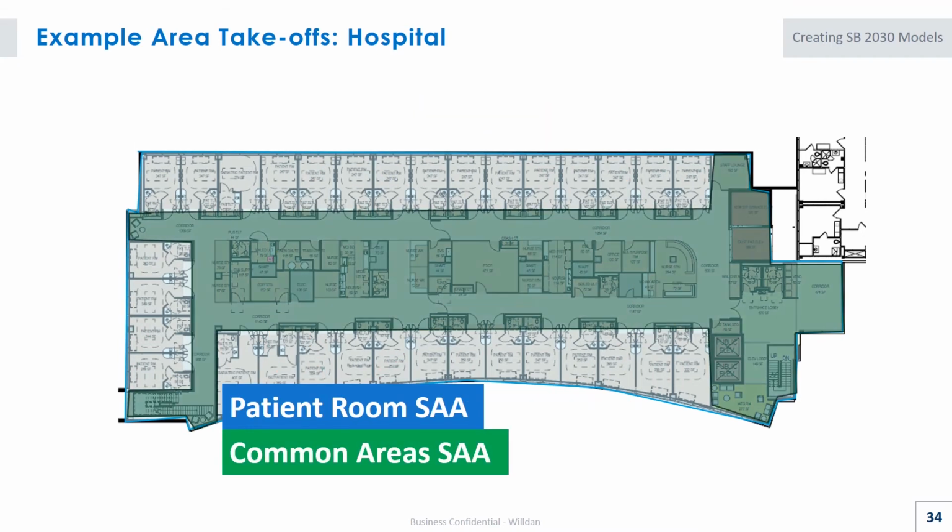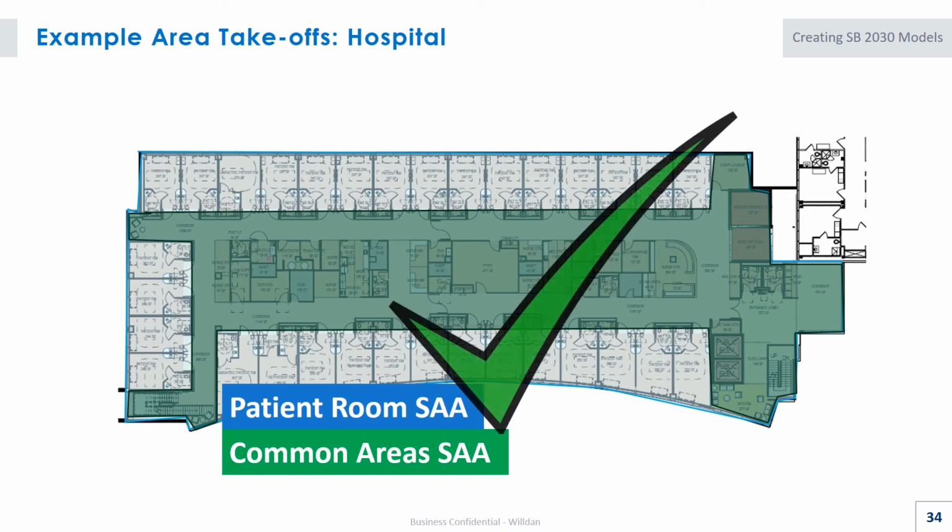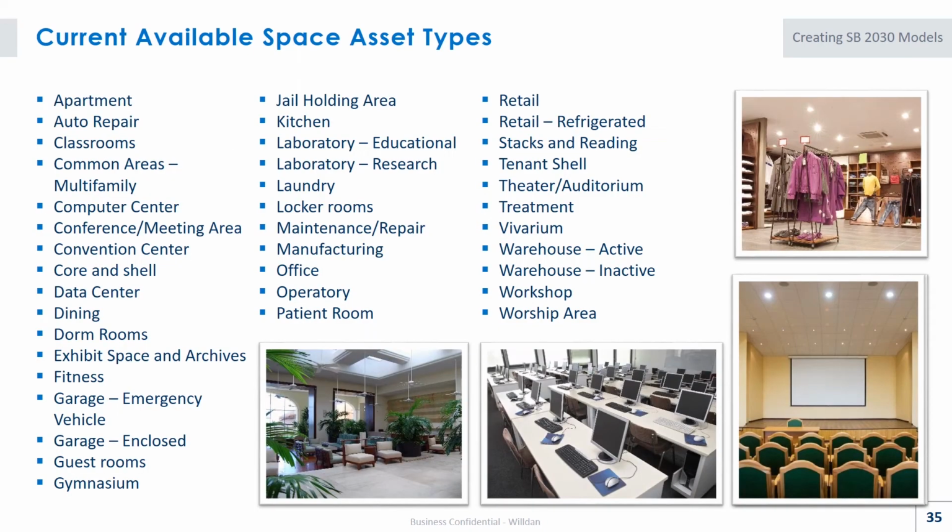We would treat that as patient rooms around the exterior and common areas in the interior. So currently we have about 45 space asset types ranging from apartment to worship areas. So you have a lot of options to pick from and a lot of flexibility to build up the energy model from.